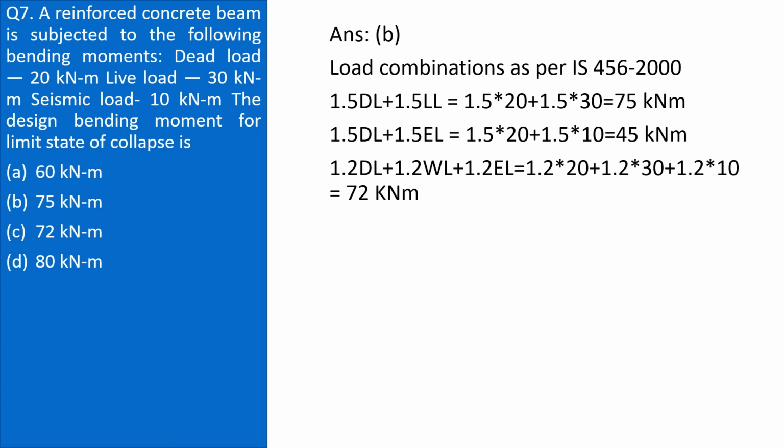Load combinations as per IS 456 2000: 1.5 dead load plus 1.5 live load, 1.5 dead load plus 1.5 earthquake load, 1.2 dead load plus 1.2 live load plus 1.2 earthquake load. Considering that, we have a higher load of 75 kilonewton meter. So B is the correct answer.